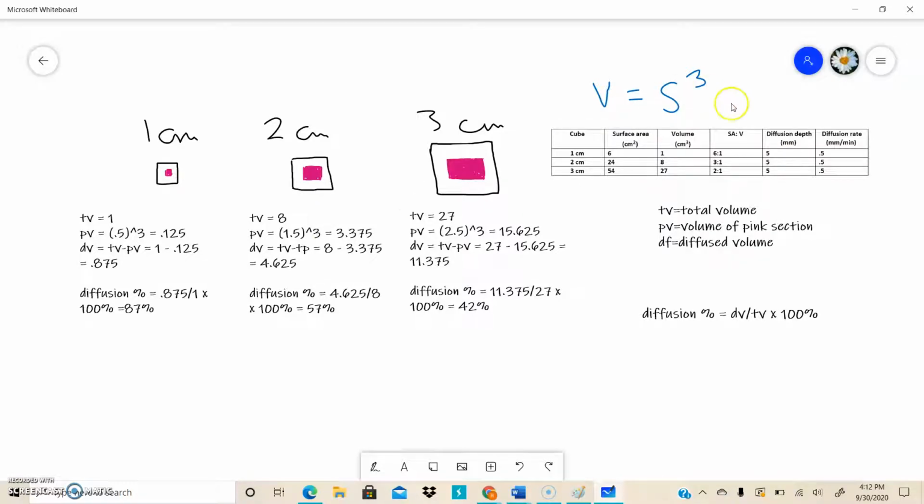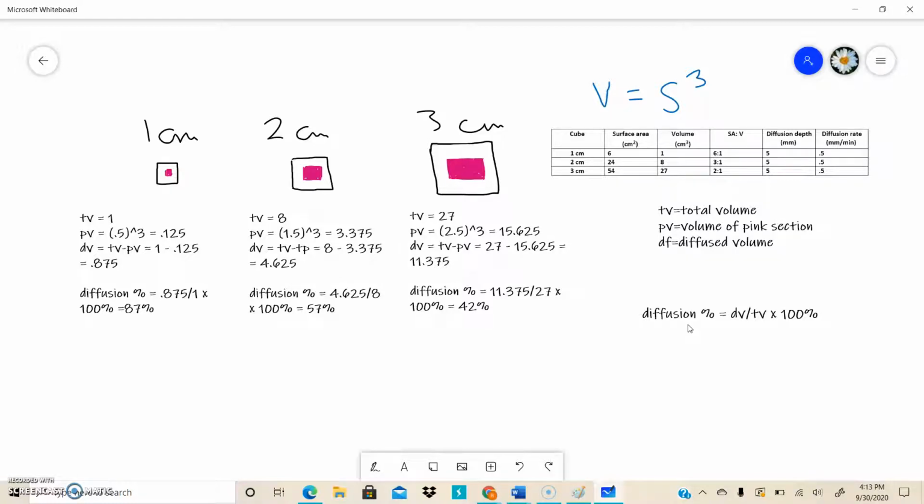So instead of relying on these two columns right here and not being able to make a valid conclusion through a graph, we have a few options. Number one option is to find the diffusion percentage to find out how much of the cube was diffused into. That's one way to go about it.